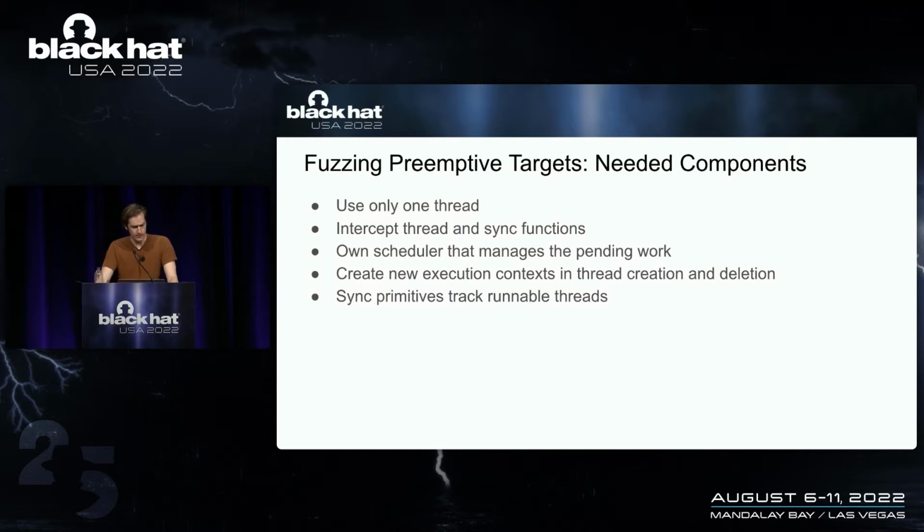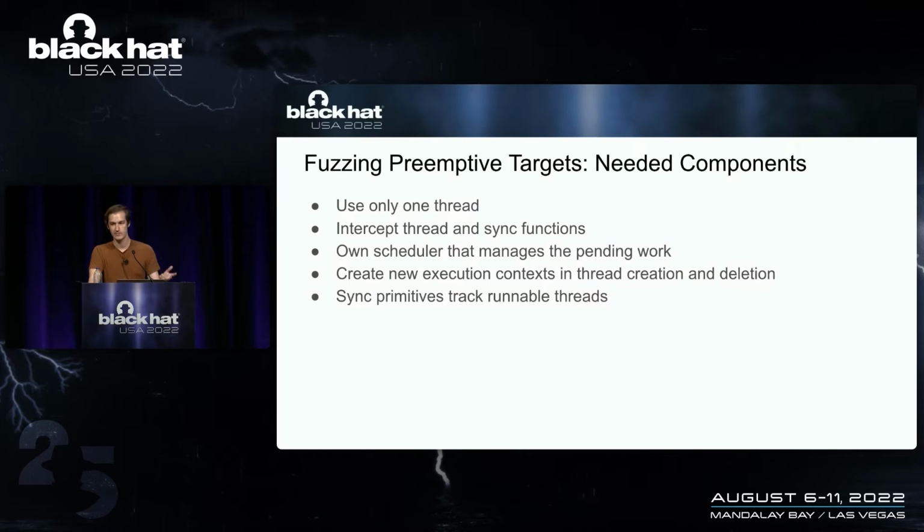And we're going to need to interrupt anything related to scheduling and multiple contexts. So in this case, this is basically anything related to threads or sync primitives like mutexes, reader-writer locks, condition variables. And then we just create our own scheduler that kind of owns all this context. So it will own the threads that exist, which ones are runnable.